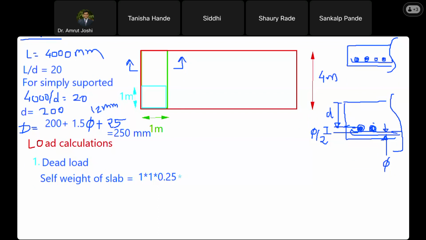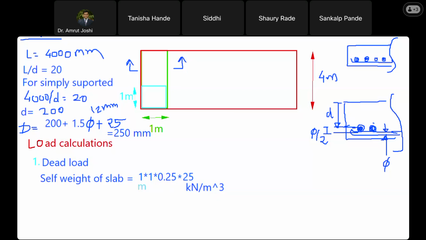Yes, sir. And what is the density of reinforced concrete? Density of reinforced concrete is 25. So this is multiplied by 25 kilonewton per meter cube. So let me also write down the units. What is the unit of 25? Kilonewton per meter cube. Happy? Yes, sir. What is the unit of this 1 meter? It is meter.